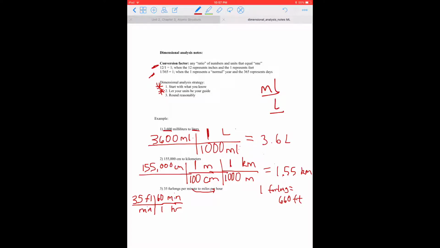Now, we also have to convert our unit of length from furlongs to miles. So that's going to be our next step. We've got furlongs on top over here. And so we are going to draw another fence and rail, and we're going to put furlongs on bottom. And furlong has a conversion where we probably need to go to feet first before we can go to miles.